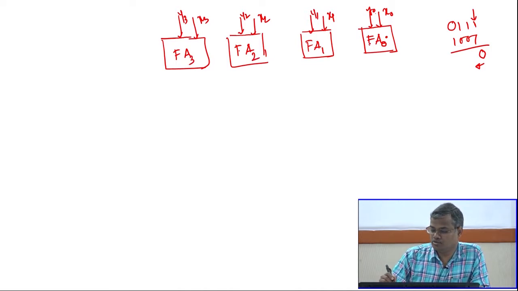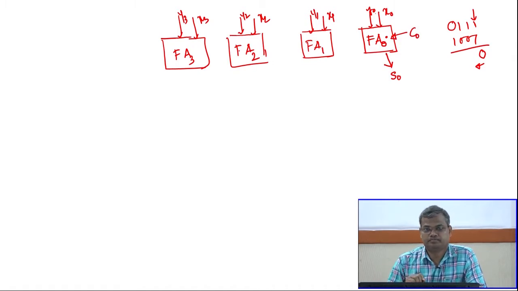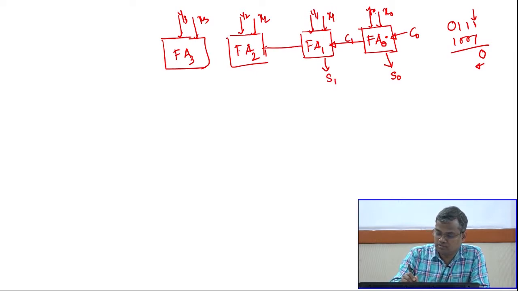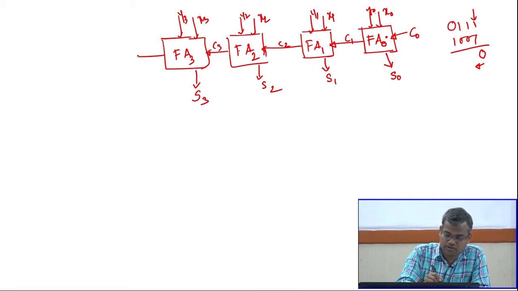We propagate the carry and then the sum is output here. So, this will be S 0, and obviously there should be an input, that is C 0. Now, this carry will be going here, this will be C 1, this will be S 1. This will be C 2, this will be S 2, this will be C 3, this will be S 3, and this will be the final carry C 4.